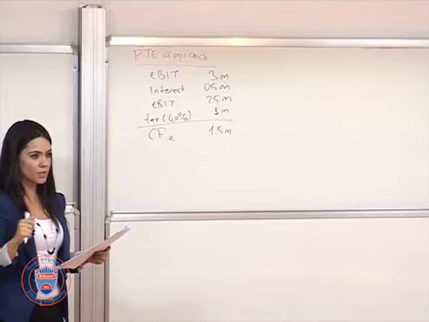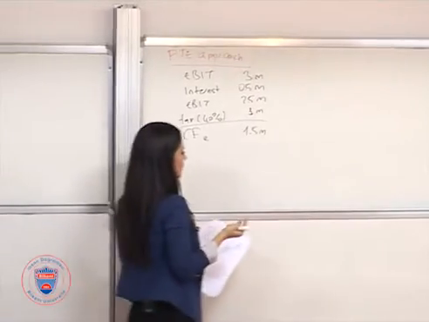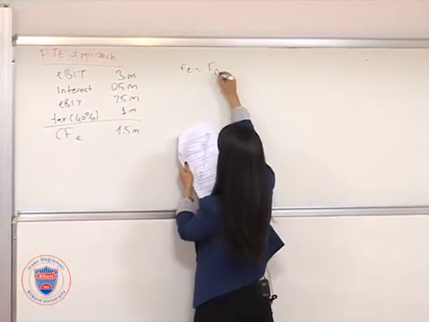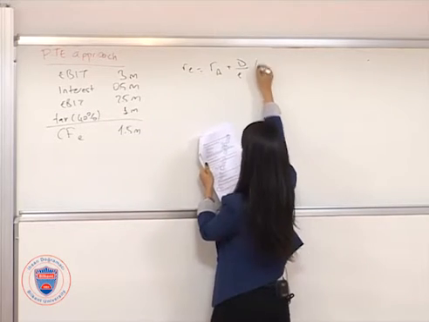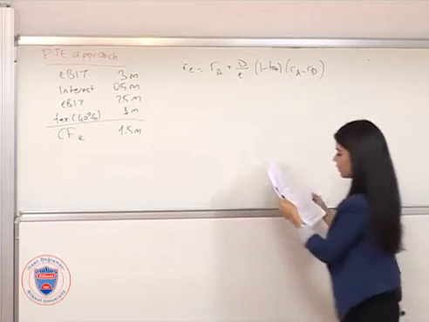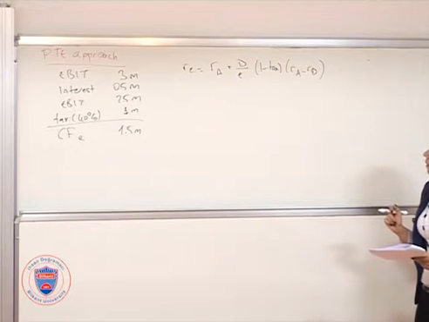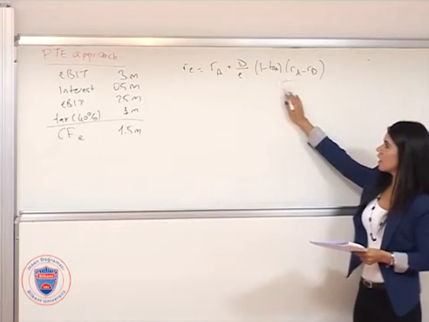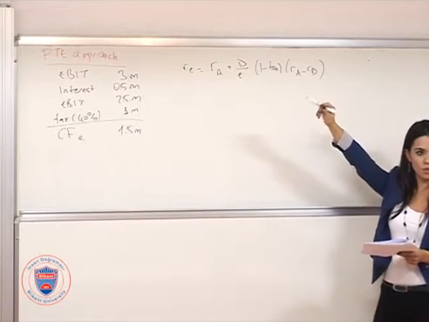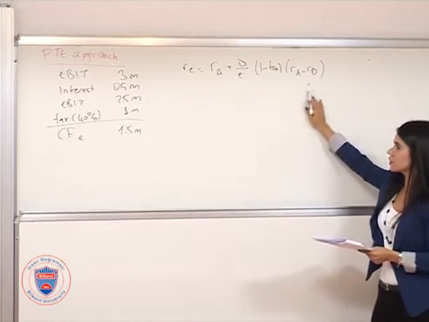So this was the first step. Am I done? I'm not done. Now I need to calculate the cost of equity. How am I going to calculate it? From here. So I know the tax rate. I know the cost of assets, which was 20%, the cost of an unlevered firm. I know the cost of debt, it is 10%.